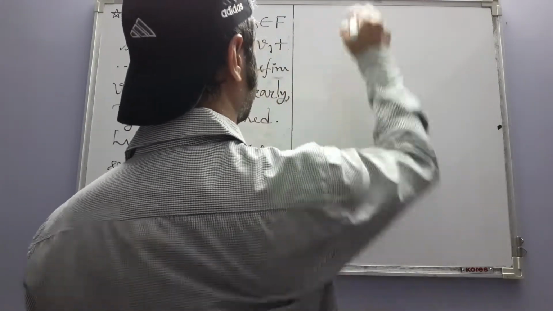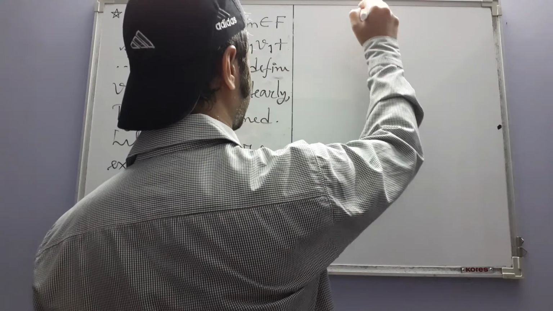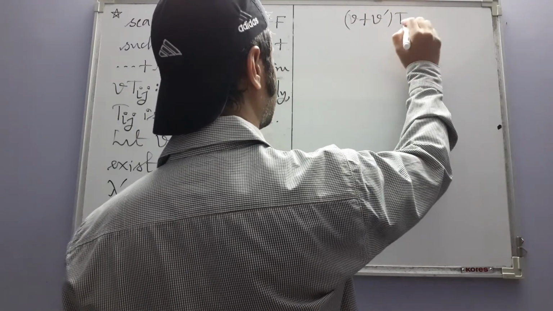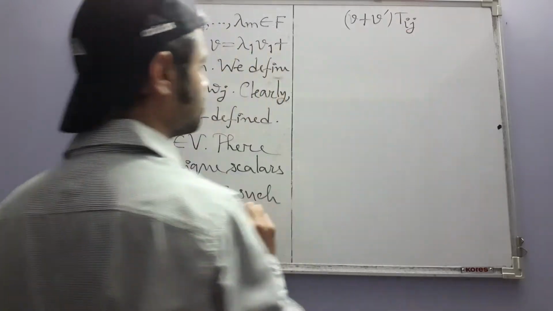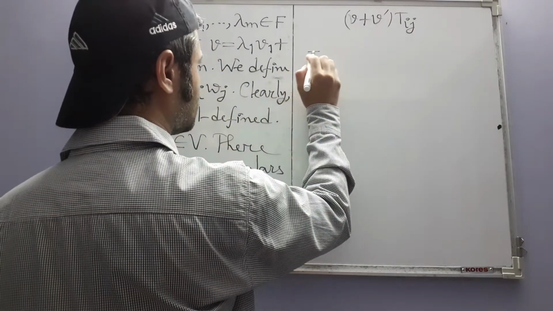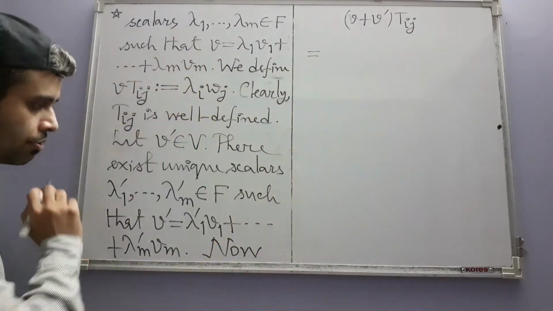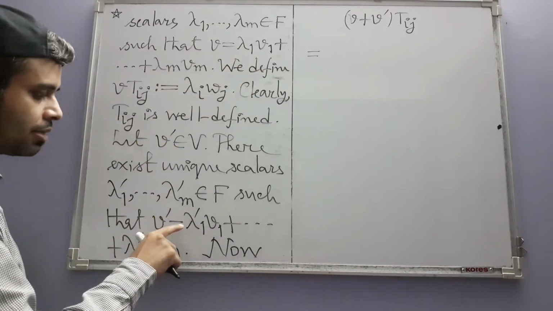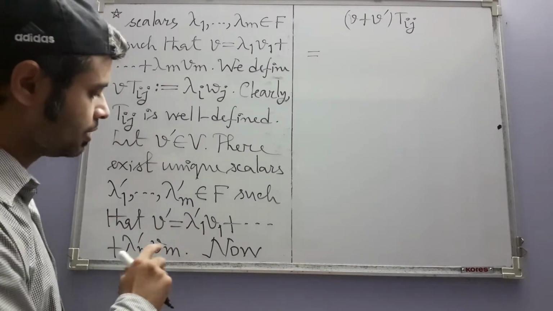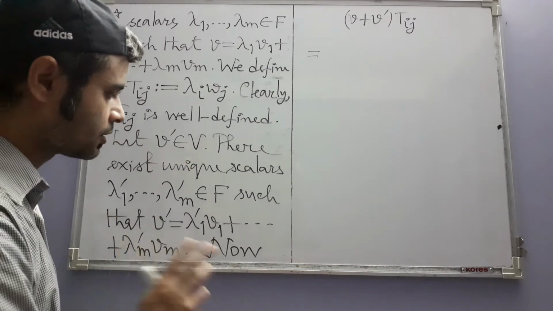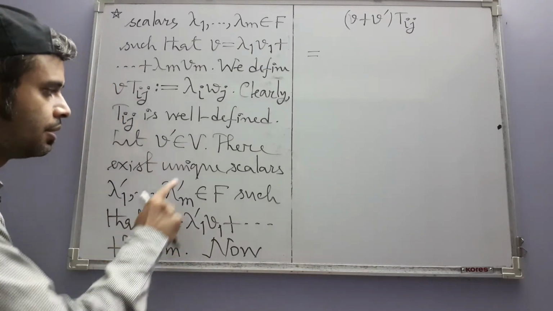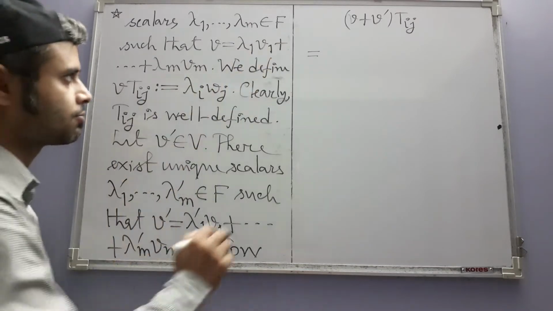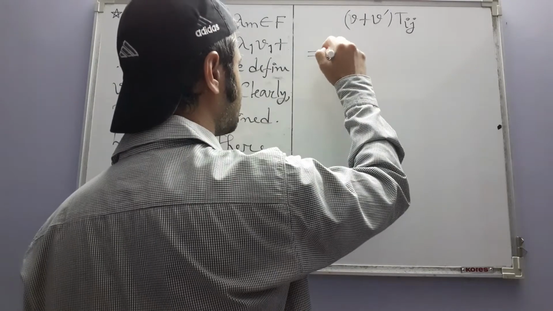Okay, so we are going to calculate this. Looking at the expressions for v and v prime as linear combinations of basis elements and using the vector space axioms that we have in our domain space V, this v plus v prime can of course be written like this.